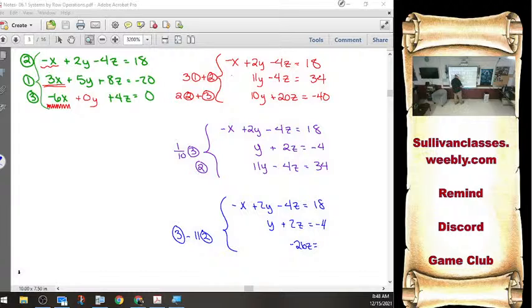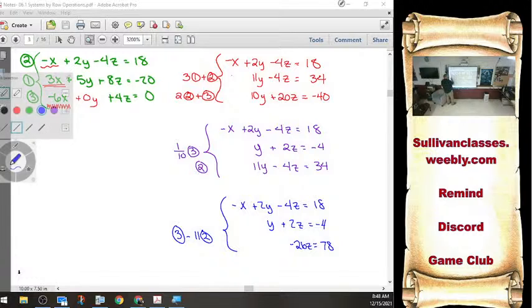I'm learning. Take that times -11 is positive 44. Add it, 78. What is 78 divided by -26?